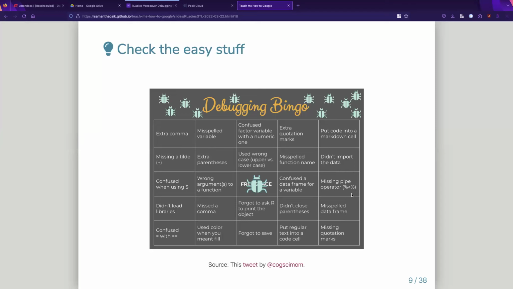It'd be interesting to see what the most common issues are, but definitely when you get a lot of functions or functions within functions, extra parentheses is always my worst enemy as well. So have a look at this in detail afterwards, and hopefully that will also help with your debugging journey.